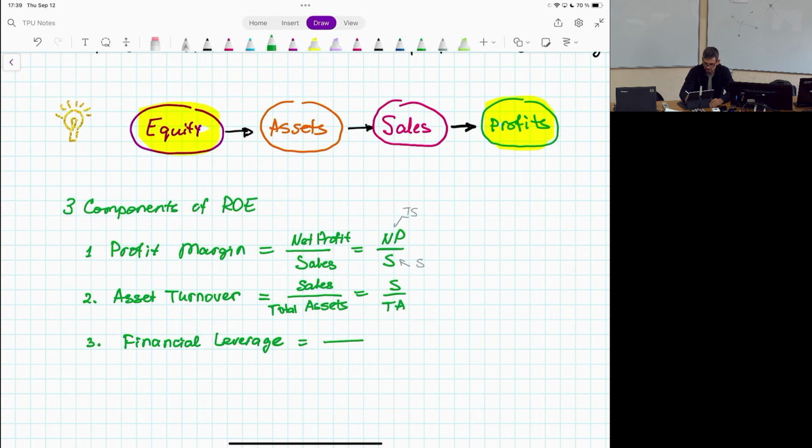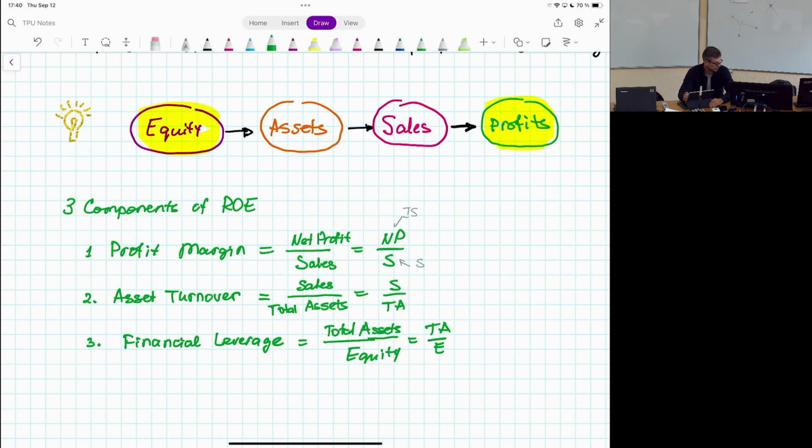And financial leverage is another ratio that is calculated by dividing total assets divided by equity, or TA divided by E. Total assets divided by equity.